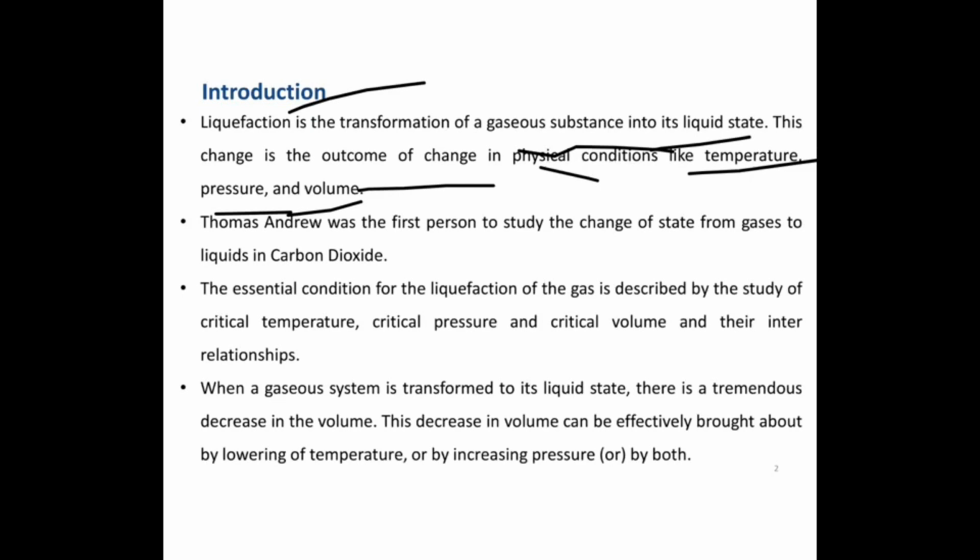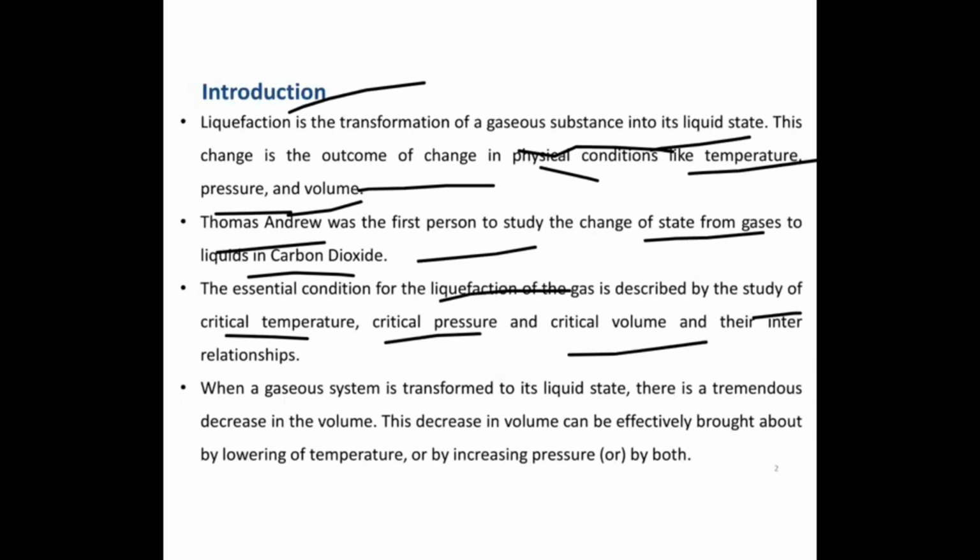So here we are going to study the Joule-Thomson effect. In this, Thomas Andrews was the first person to study the change in state from gas to liquid. In carbon dioxide, he studied the relationship of how to convert gas to liquid form. The essential conditions for liquefaction of gas are the study of critical temperature, critical pressure, critical volume, and their relationship.